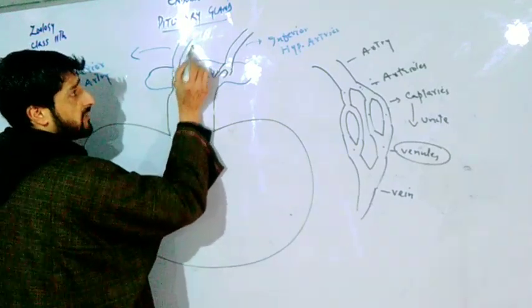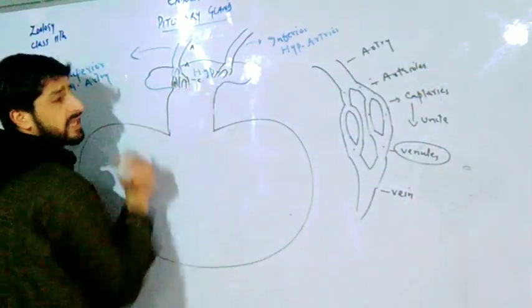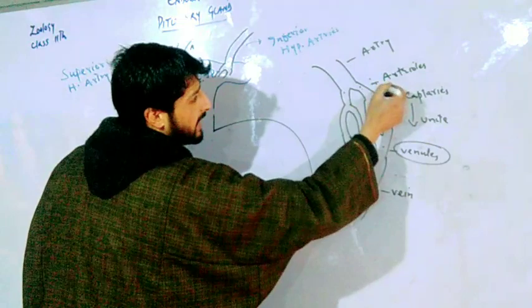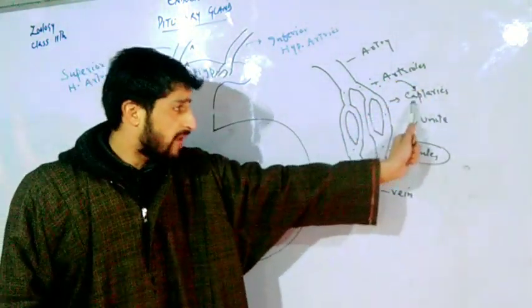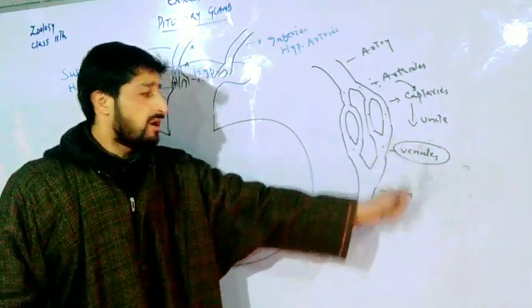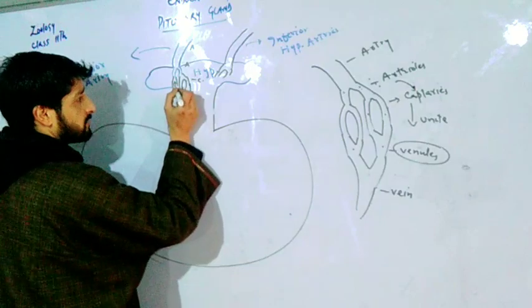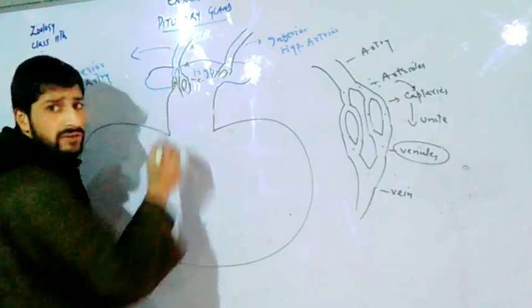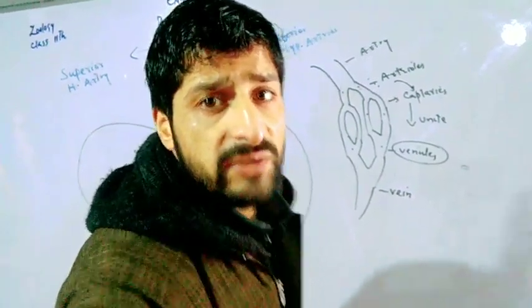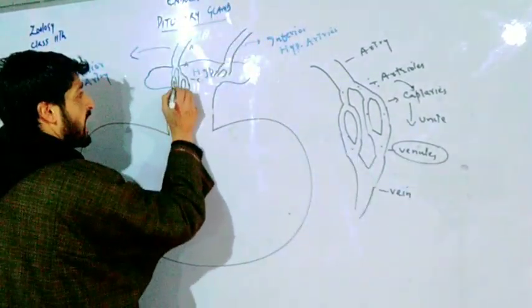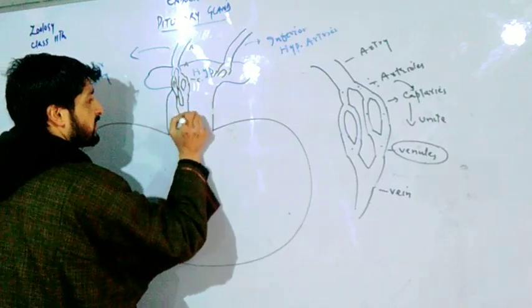Then these capillaries will unite to form venules, and these venules will unite to form a vein.